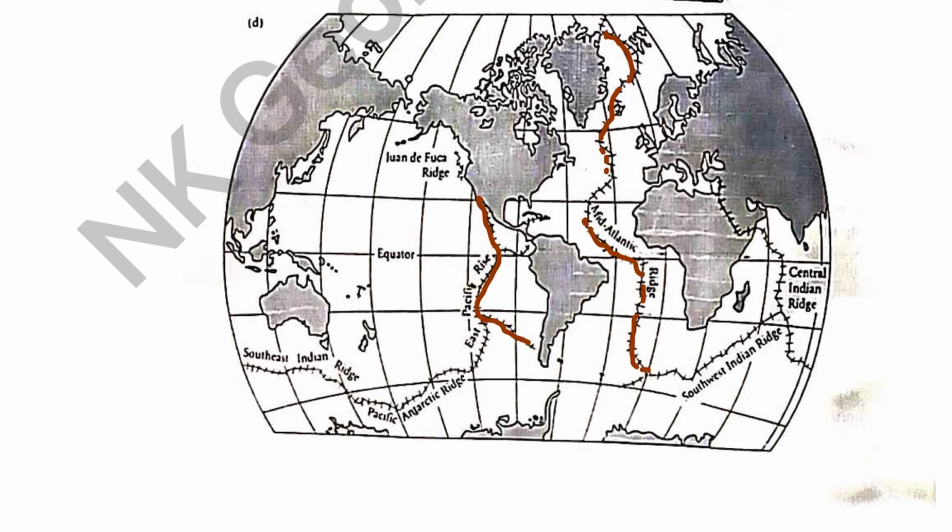This is the Chile ridge. This is the Pacific Atlantic ridge, and here it is the Indian Ocean ridge. It has been bifurcated into two parts, the southwestern part and the southeastern part. And we have the Gakkel ridge here.